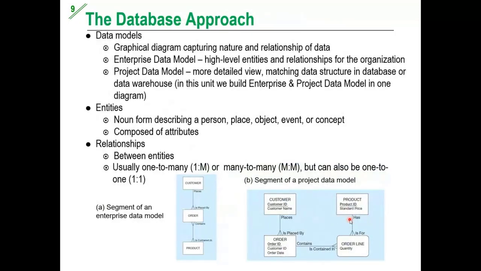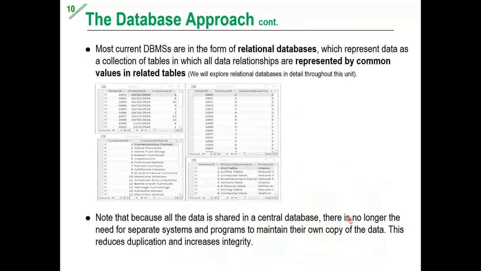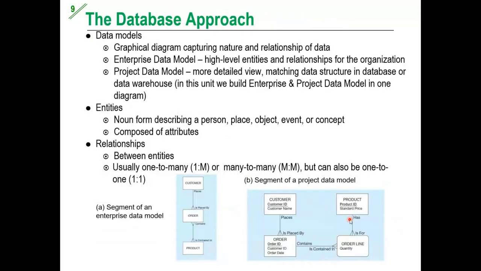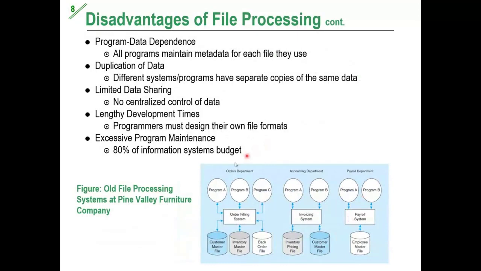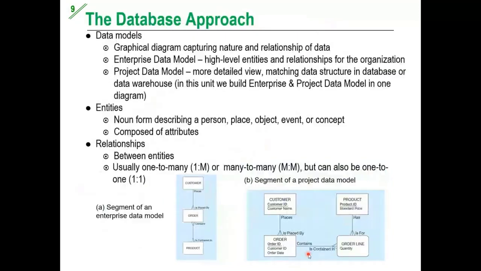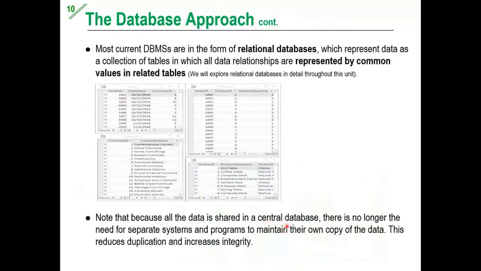But if you have one centralized place to put all this data, we can easily construct this sort of relational model and implement it in one central location where all the applications can access the information.